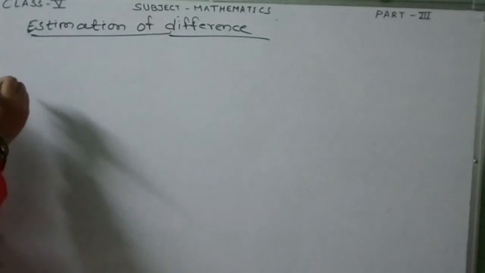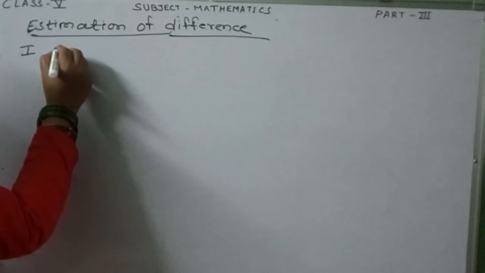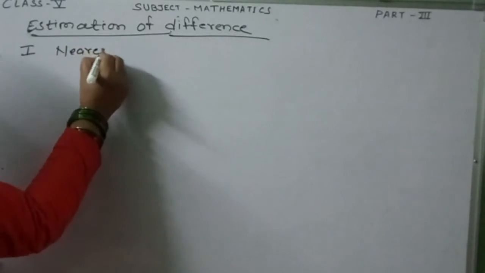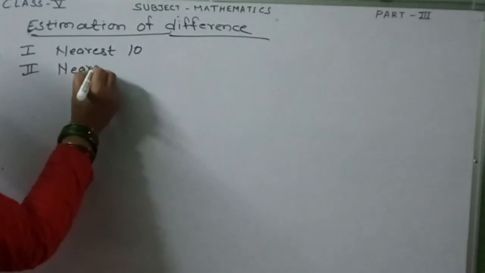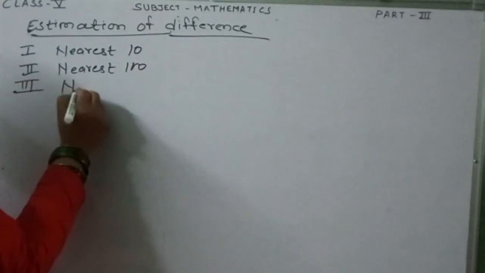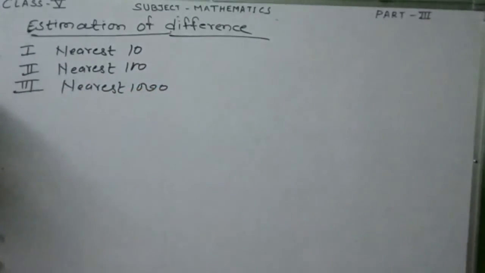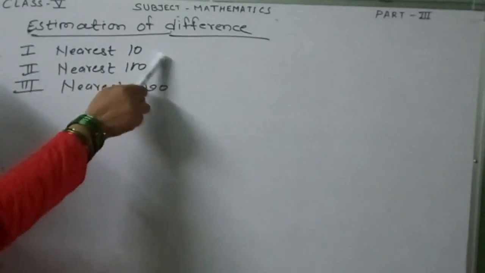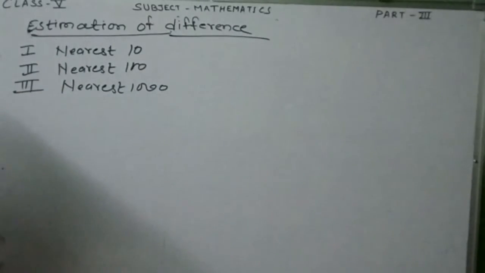Here the same questions come: nearest 10, nearest 100 and nearest 1000. Here also we have to find the estimation of difference, nearest ones, nearest 10, nearest 100, nearest 1000. In that case also we follow the same rule.